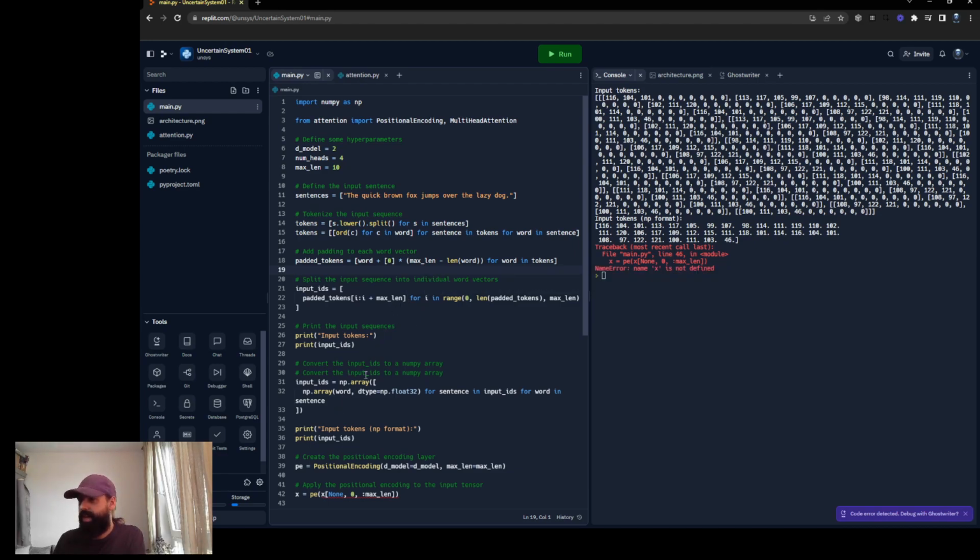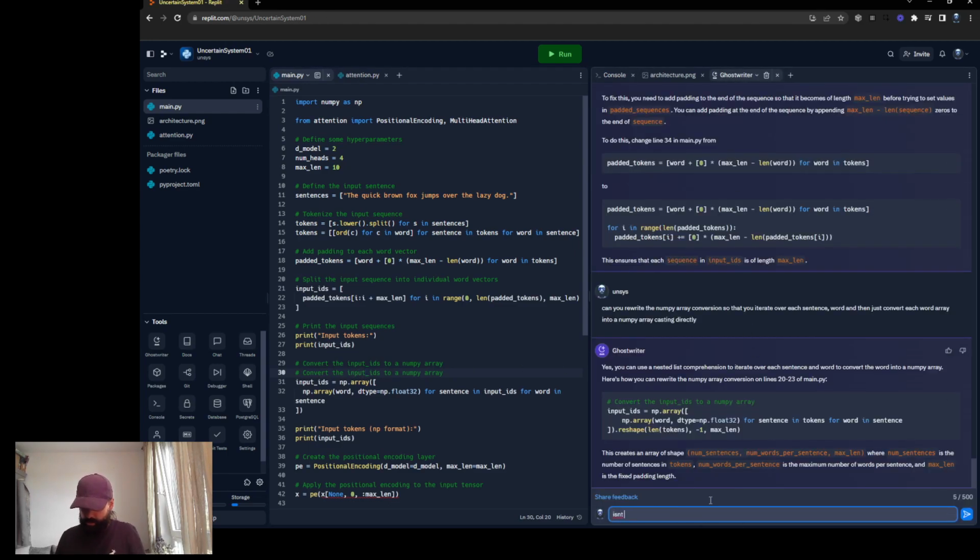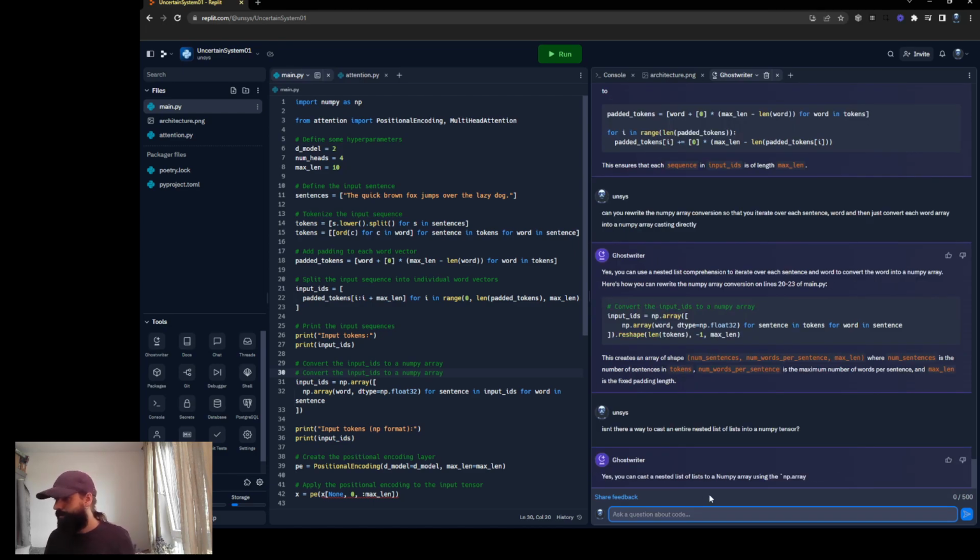Isn't there a way to just cast a whole, like a tensor, a list of lists? Okay, so isn't there a way to kind of cast an entire nested list of lists into a NumPy tensor?